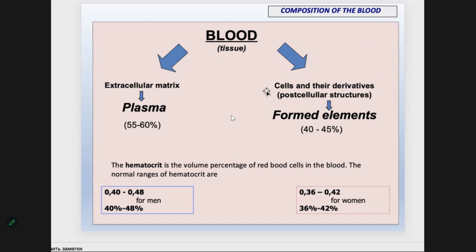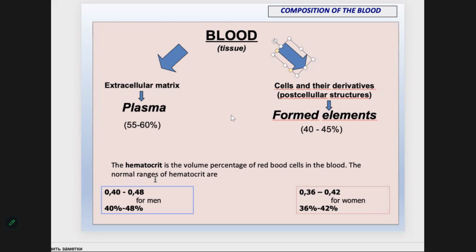The second component is the formed elements, a group which includes cells and cell derivatives. These are postcellular structures without nuclei. Formed elements make up from 40 to 45% of the whole volume of blood.